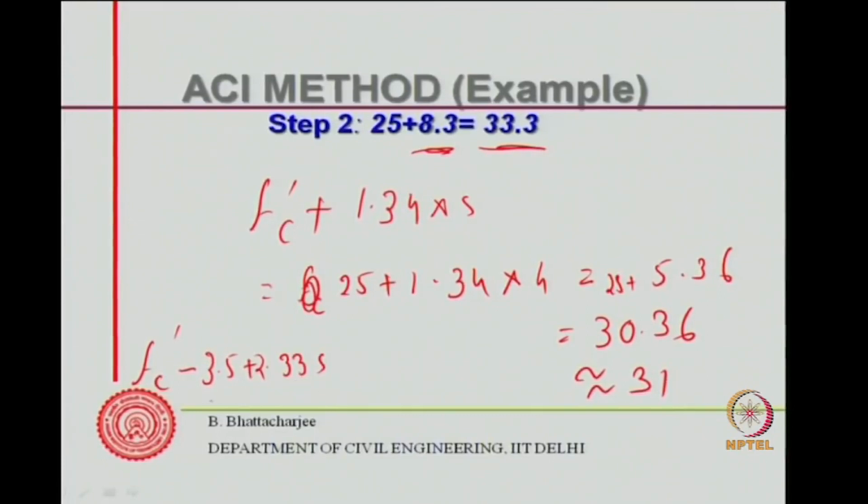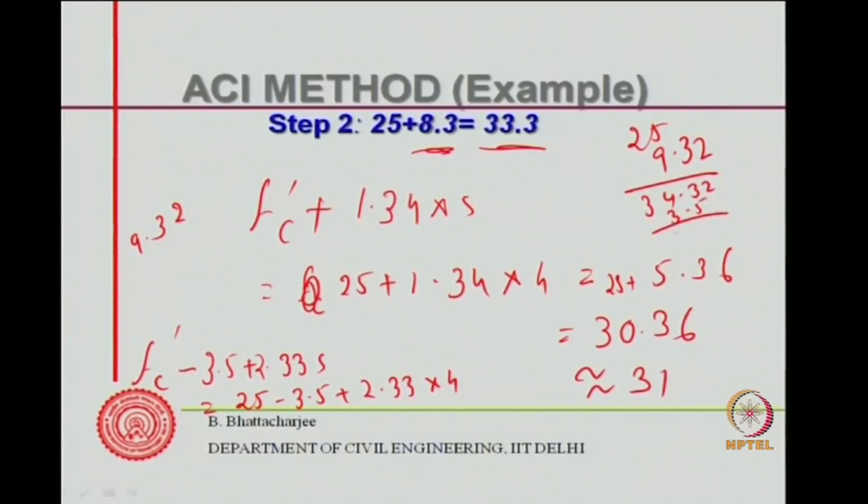So, if s is 4, this value becomes 25 minus 3.5 plus 2.33 into 4, which gives 9.32. So 25 plus 9.32 minus 3.5, approximately it will be 31.